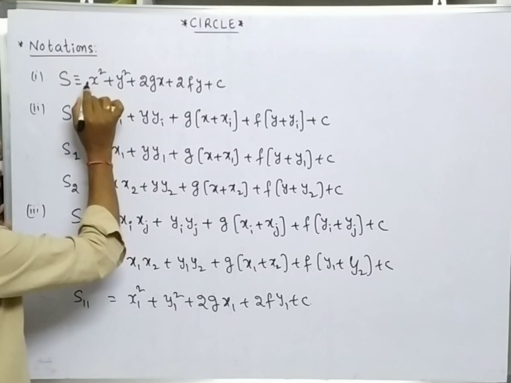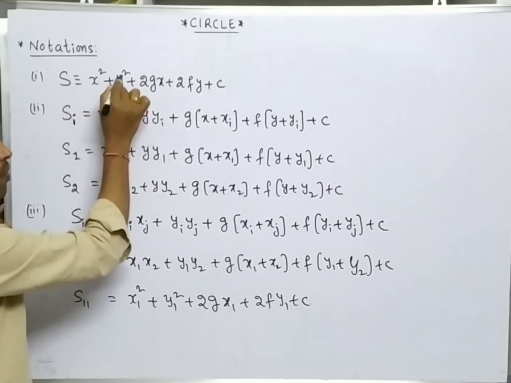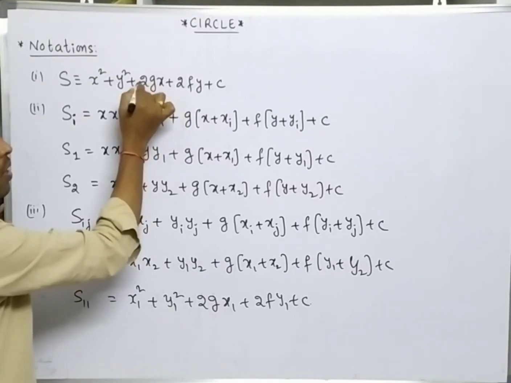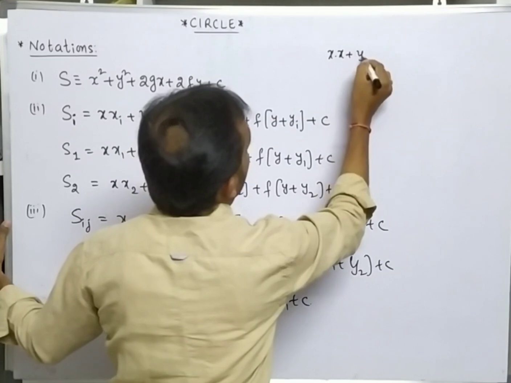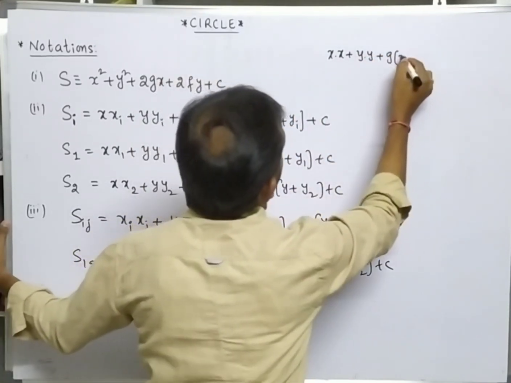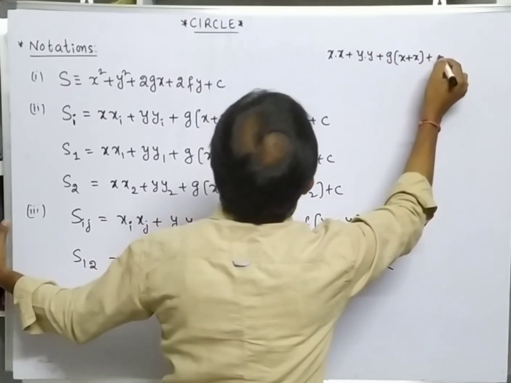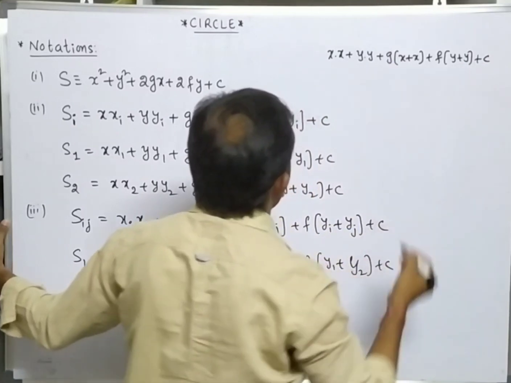This x square can be written as x into x, y square as y into y, 2gx as g into x plus x, 2fy as f into y plus y, and then plus c.